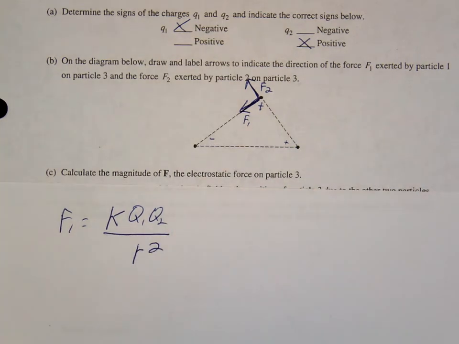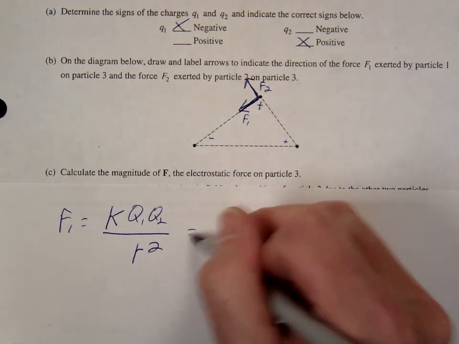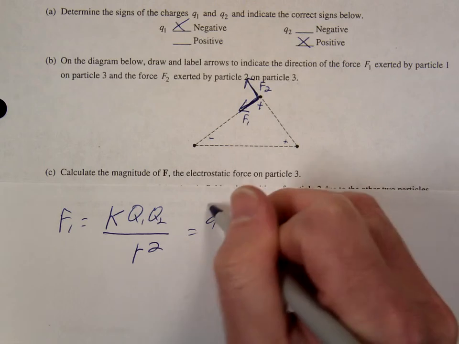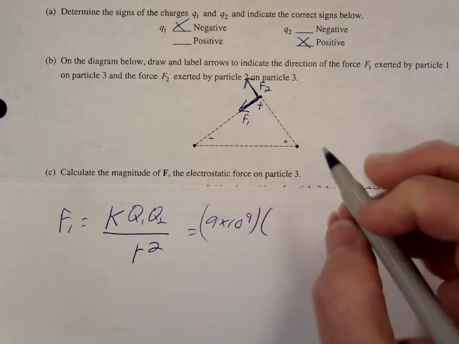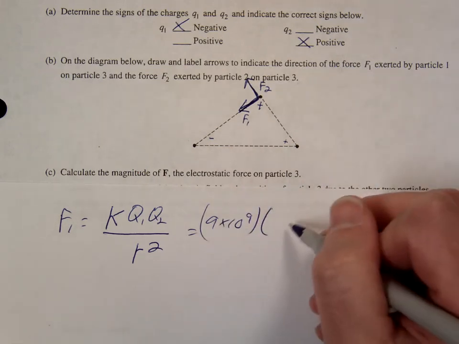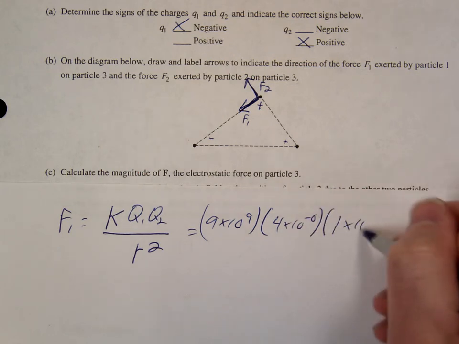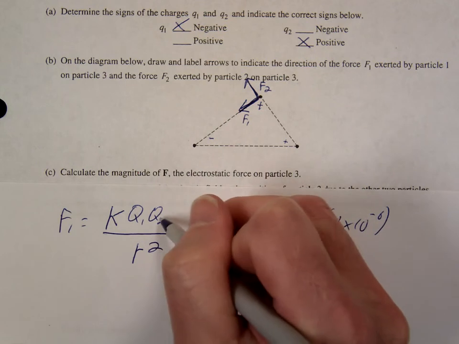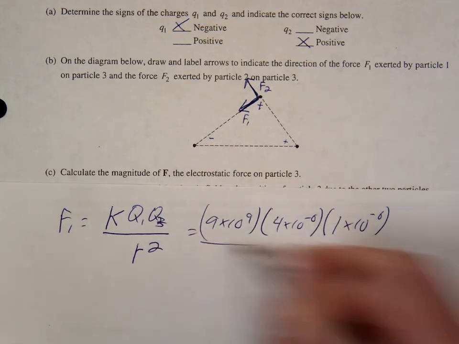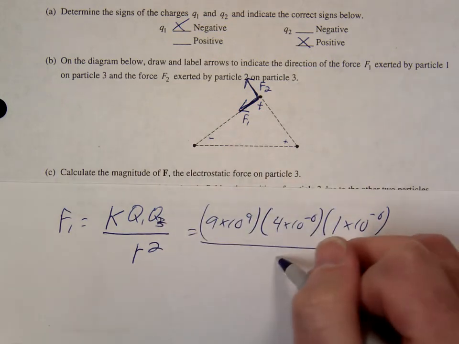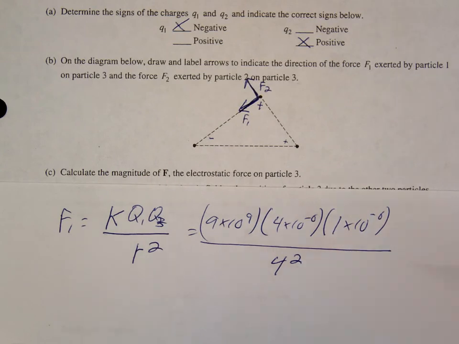I'll just write it as r. And you just do it for both. So 9 times 10 to the 9th, times 4 micro, times 1 micro, or Q3 I guess in this case, divided by the distance, which is 4, and you're going to square that.